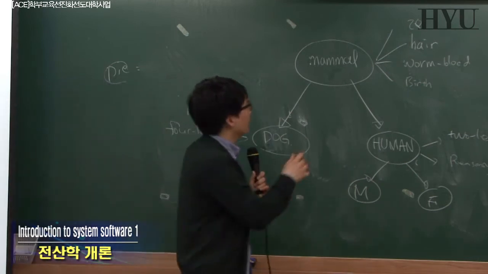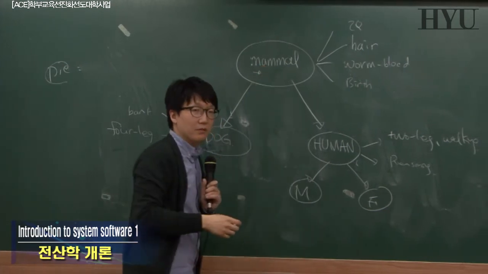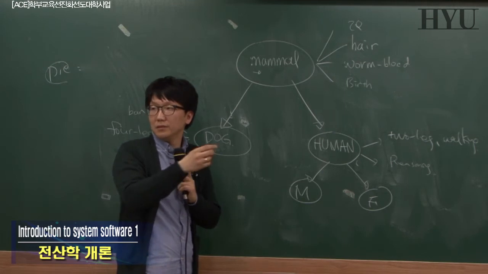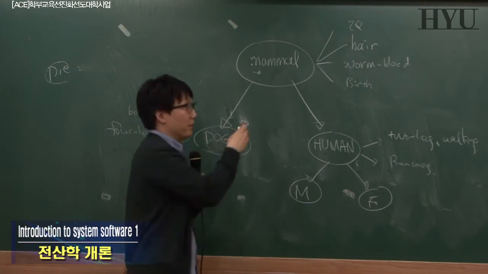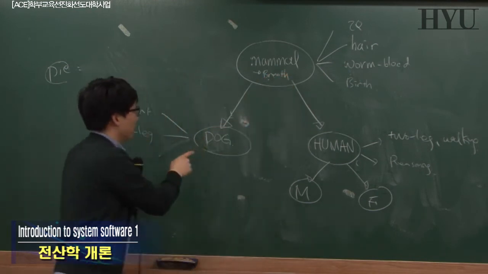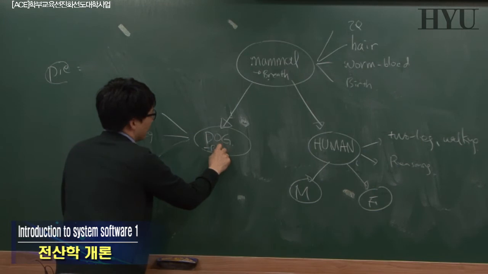This is good because it's a slightly complicated story. Functions of a mammal, like a moving function. Mammals can move, breathe. Because dog is also a mammal, we have the same functions.